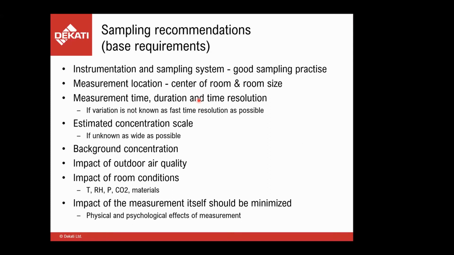The impact of outdoor air quality should be considered, meaning there should be simultaneous outdoor and indoor measurements, and the impact of room conditions. If there are changes in temperature, relative humidity, pressure, CO2 is a good marker for the ventilation rate versus how many people are there in a specific space.